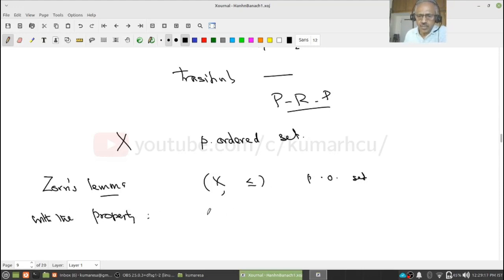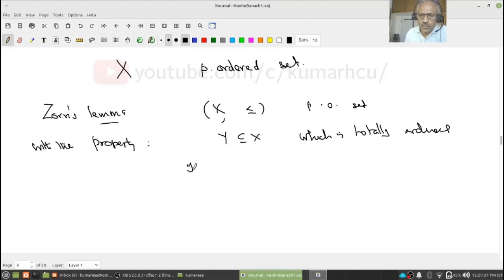That is, for every subset Y of X which is totally ordered, what does that mean? That means if you give me y and z in Y, then either y is less than or equal to z or z is less than or equal to y. One of them must happen. That is, I should be able to compare any two arbitrary elements of Y. One usually calls it a totally ordered set or a chain.